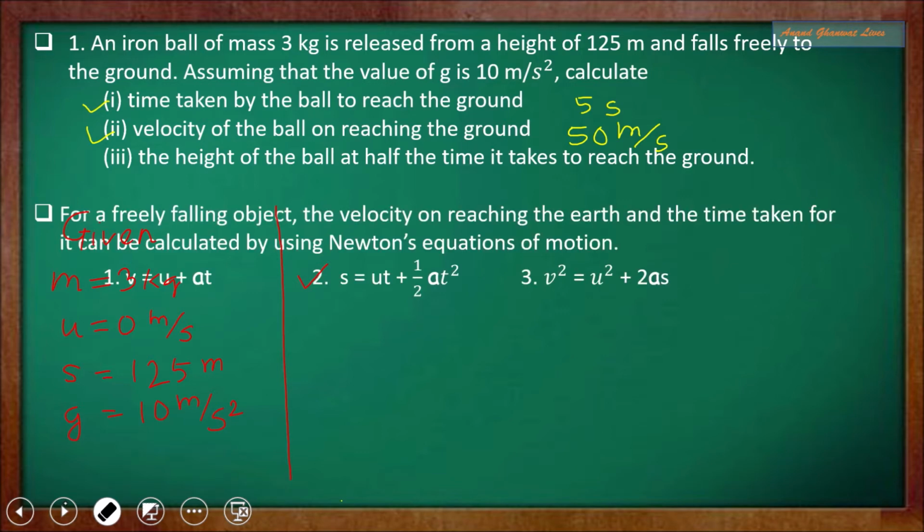Think about the given three equations. v is equal to u plus at, s is equal to ut plus 1 half at square, v square is equal to u square plus twice as. We have to find the height of the ball at half time. So therefore we have to find s. So in the given three equations, the second equation is useful again. So let us count.